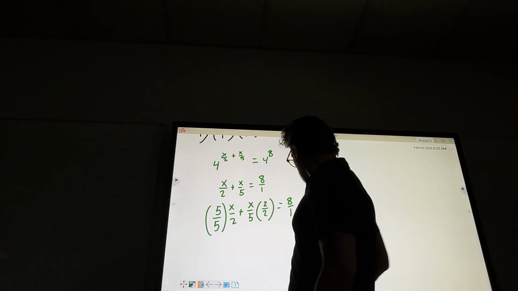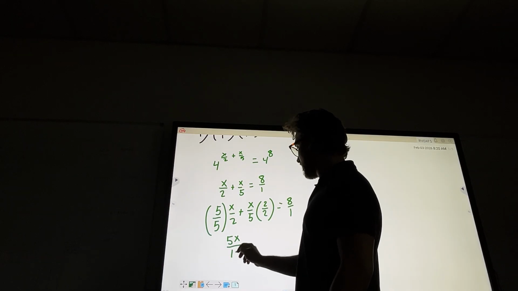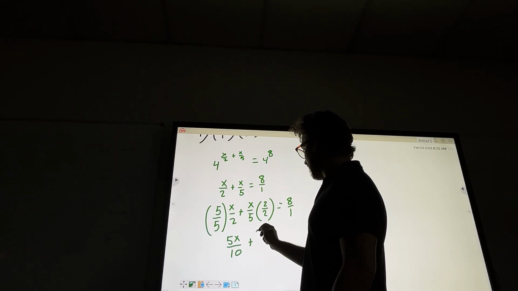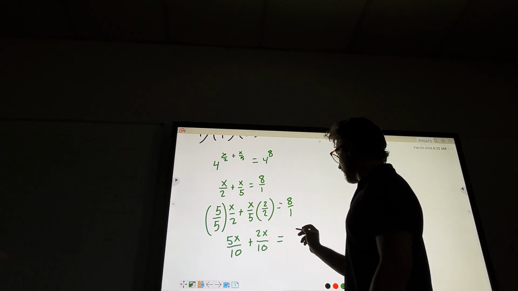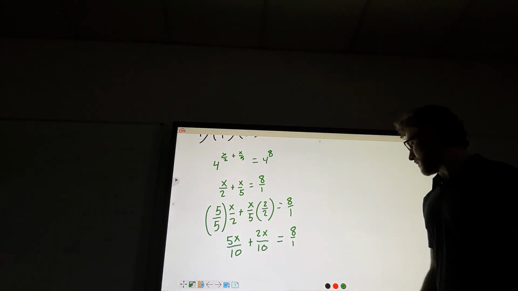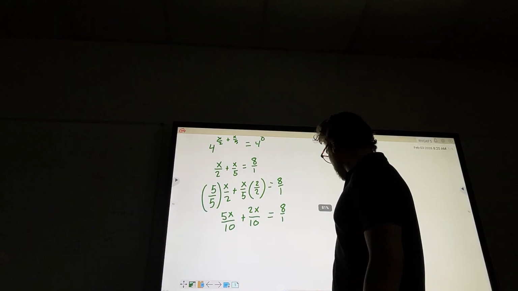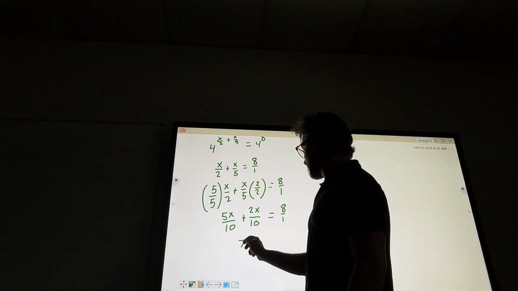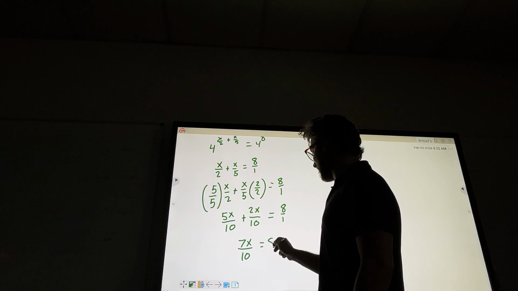We'll now have 5x over 10 plus 2x over 10 equals 8 over 1. We are now able to add those together, giving us 7x over 10 equals 8.